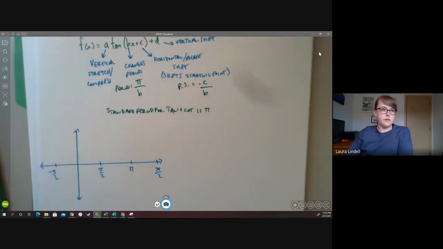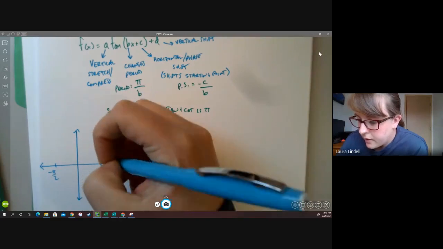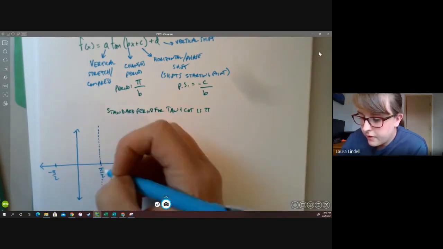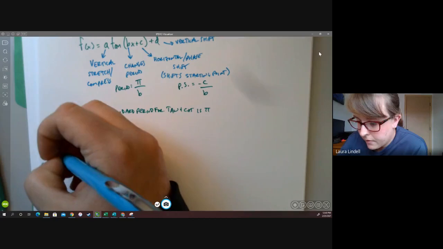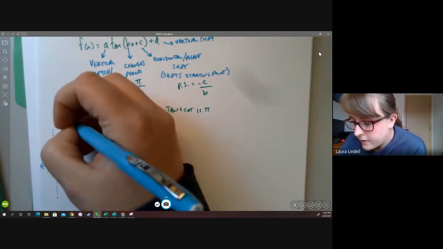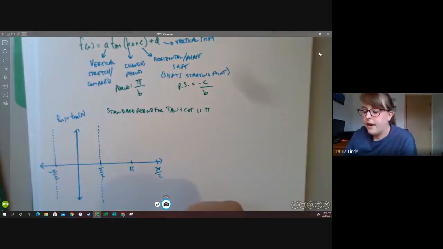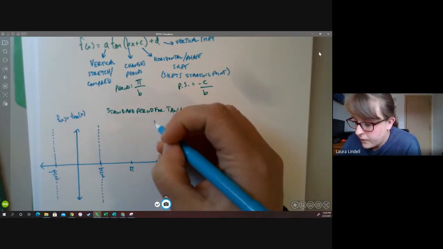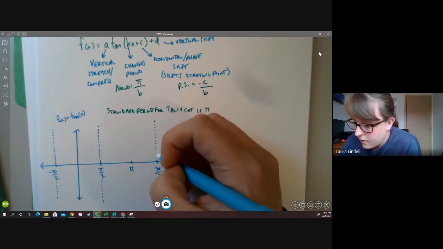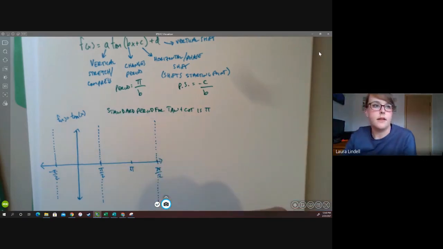The interesting thing with tangent and cotangent is that there are asymptotes. So one of the things that we will care about is a general equation for how we can find the asymptotes. So regular f of x equals tangent of x is going to have asymptotes that look like that.